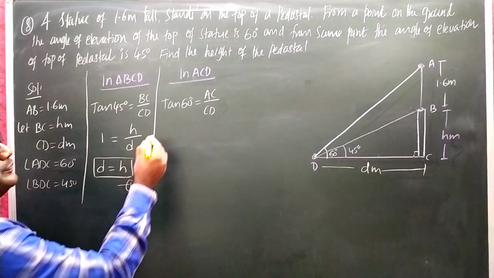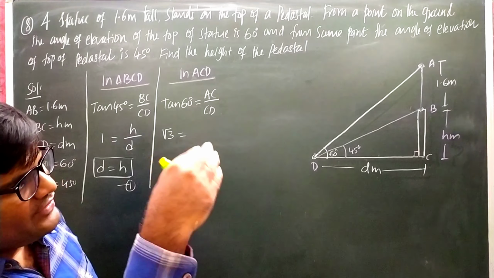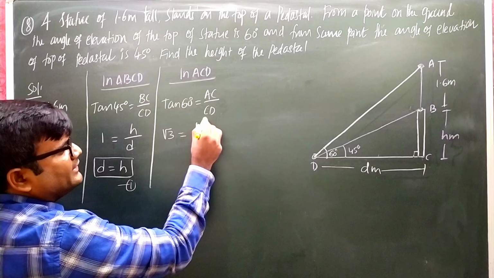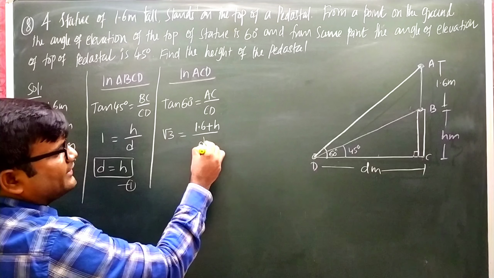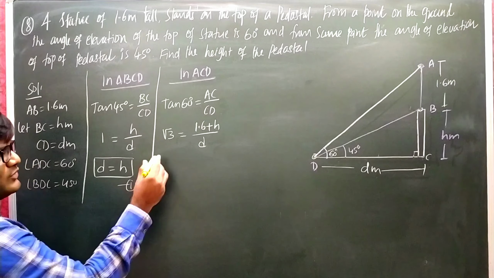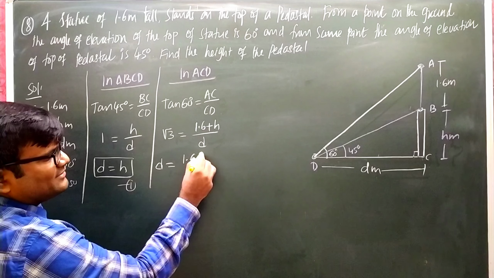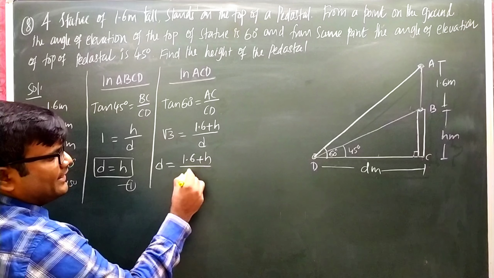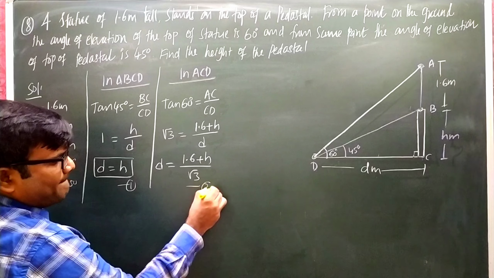Tan 60 value √3 is equal to the length of AC, which is 1.6 plus h, by D. Same approach, D transpose to left. So D is equal to 1.6 plus h by √3. So this is the second one.